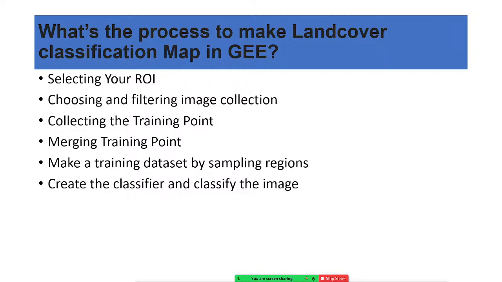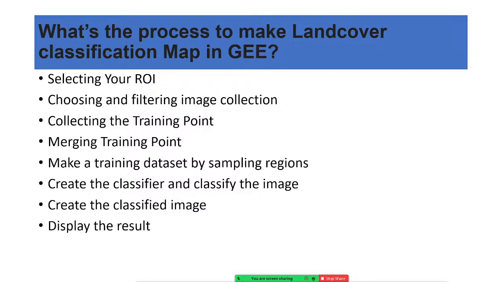Google Earth Engine has different types of classifiers available, but this is an introductory course, so I will not go into the depth of the classifiers. I will use a normal classifier and classify my image, and then create the classified image, and then display the result.